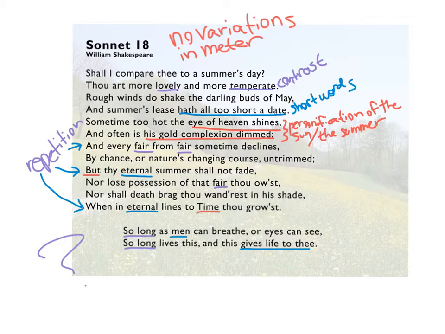Our second solution to the H is the lack of variations in meter throughout the poem, which is actually uncommon in sonnets. Using the same rhythm over and over again makes the reader feel like that pattern really is endless. Now let's write that down.